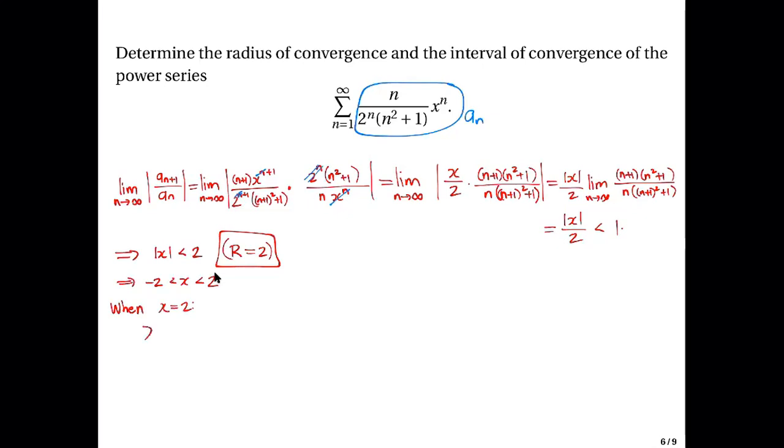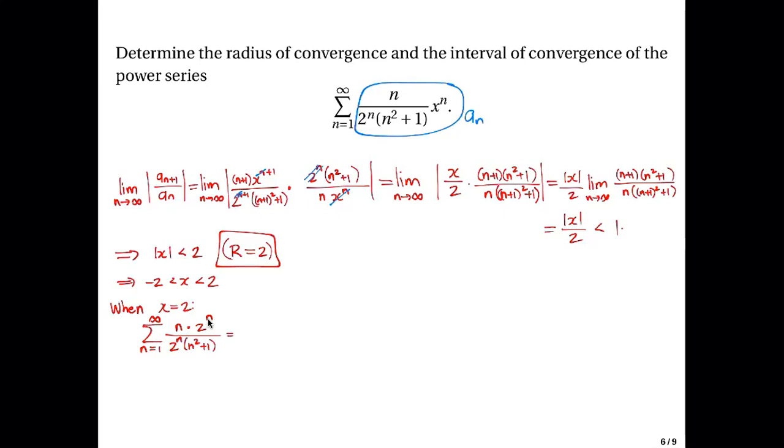So when x equals 2, your series will just be the series from 1 up to plus infinity of n times 2 to the n, that's your x for x equals 2. So you have your 2 to the n divided by 2 to the n times n squared plus 1.